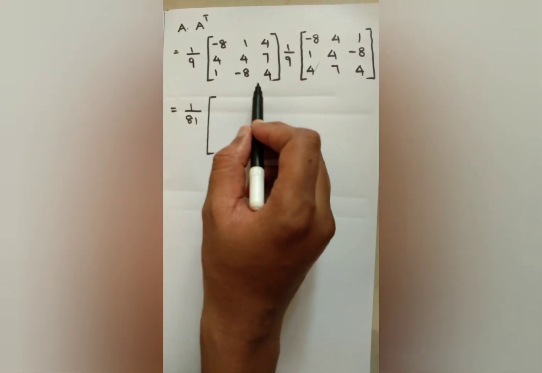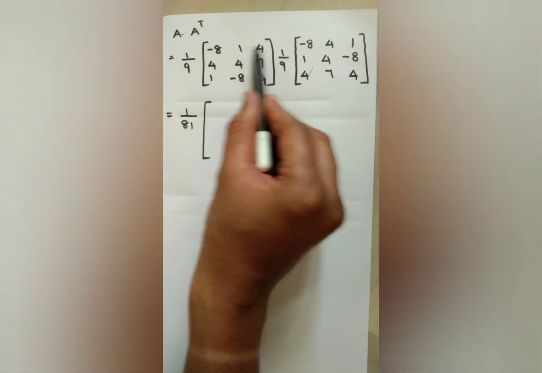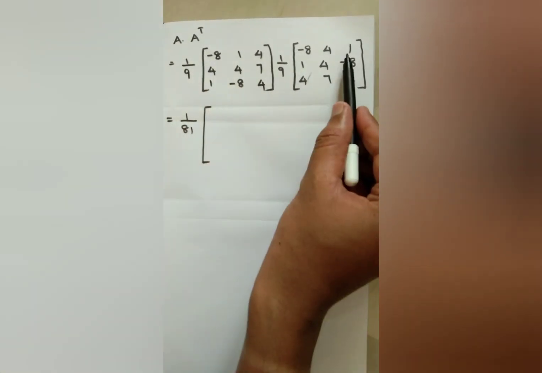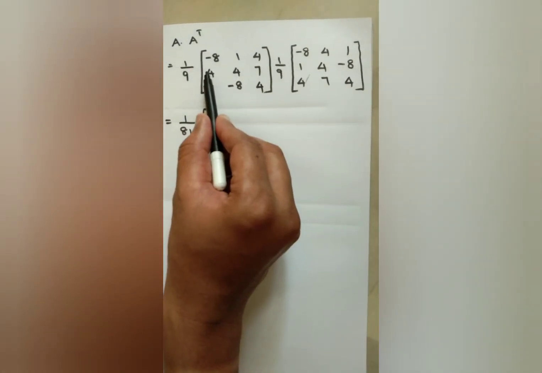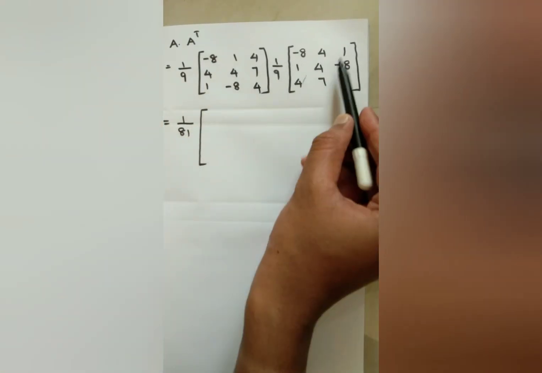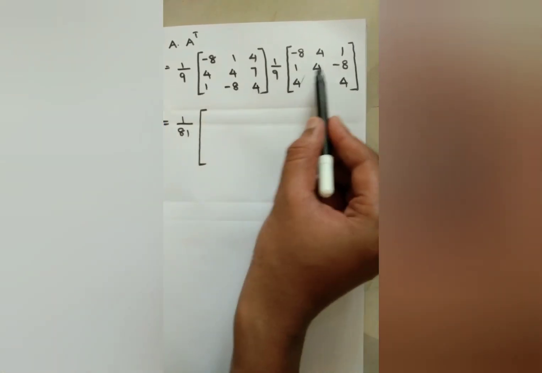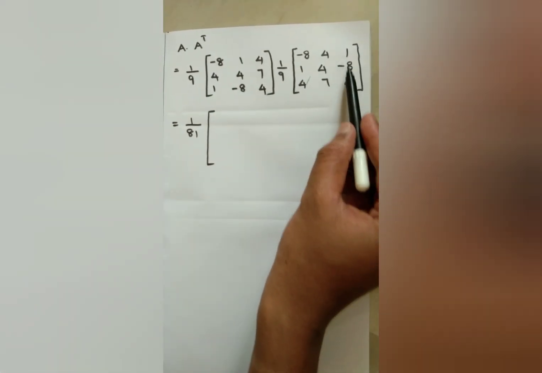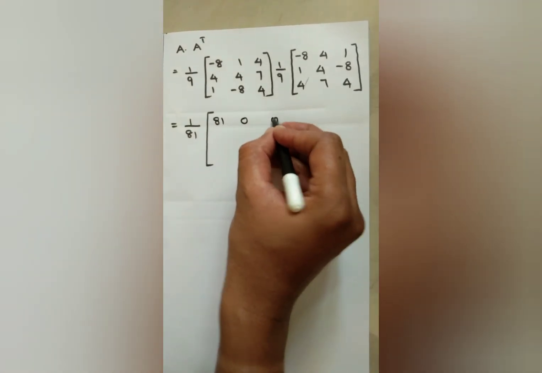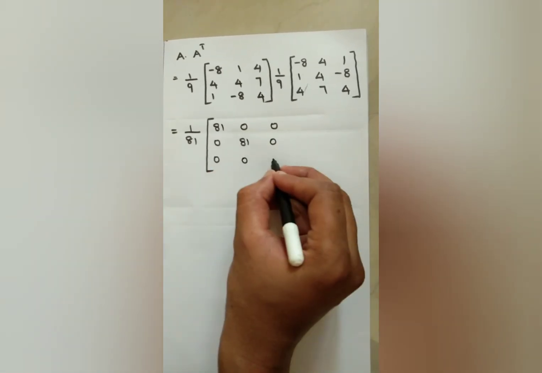Now I am going to multiply these two matrices. That is, first row first column, first row second column, first row third column. Similarly for second row first column, second row second column, second row third column. Similarly third row first column, third row second column, third row third column. So it results 81 0 0 0 81 0 0 0 81.